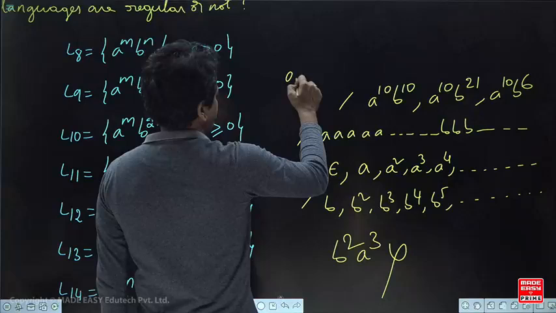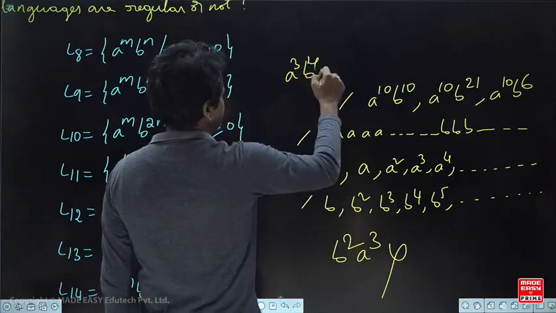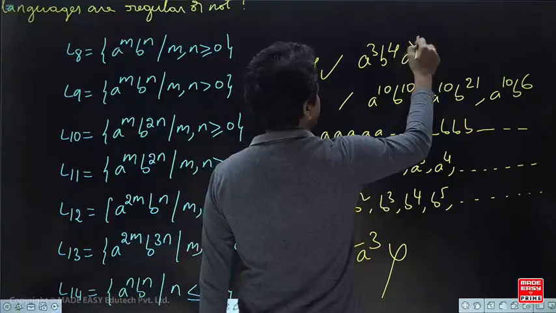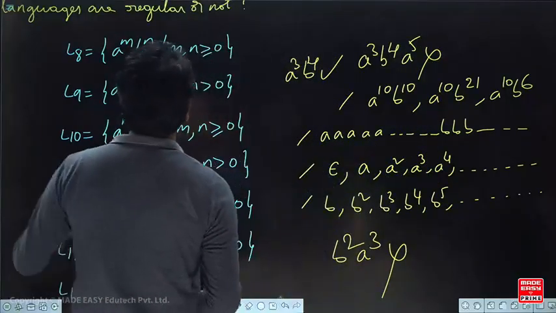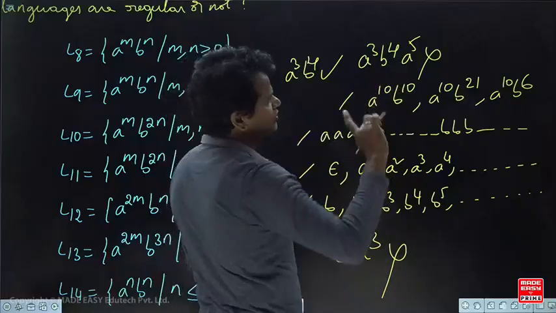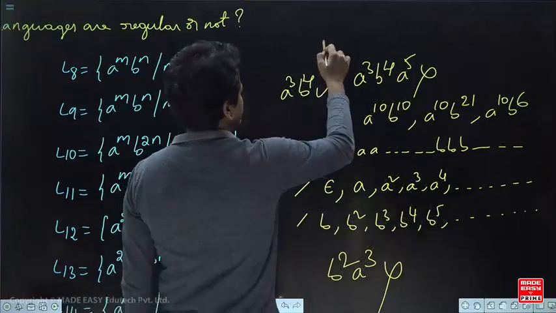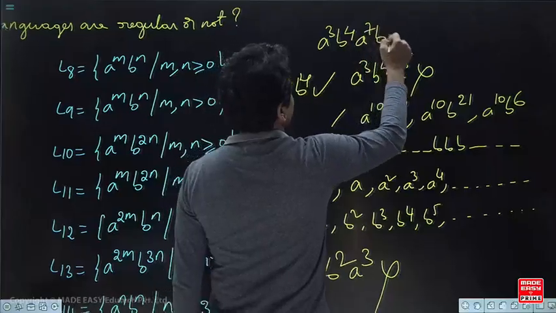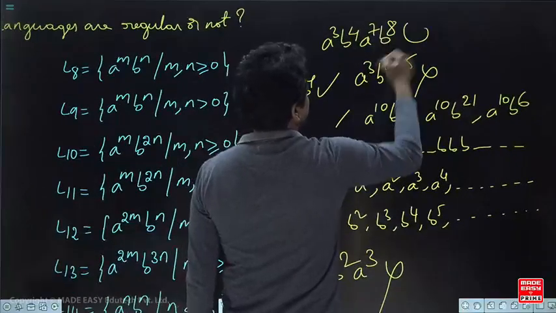And at the same time, this is valid, but this is invalid. Why? The string must be a's followed by b's only. A's followed by b's and again a's is not valid. Suppose a power 3, b power 4, a power 7, b power 8. This is also invalid.